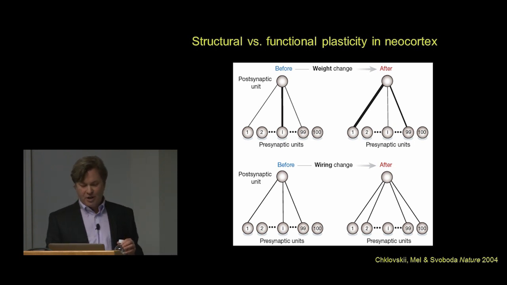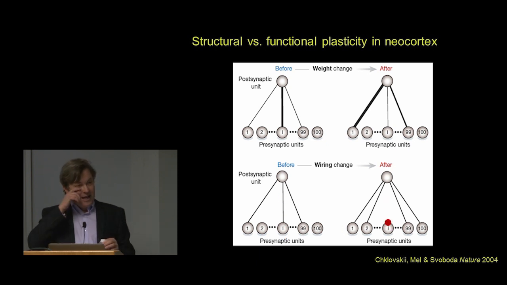So in this example, neuron 100 wasn't connected to the postsynaptic neuron, and something happens, and neuron 100 becomes connected, and the original neuron 1 that was connected is no longer connected.